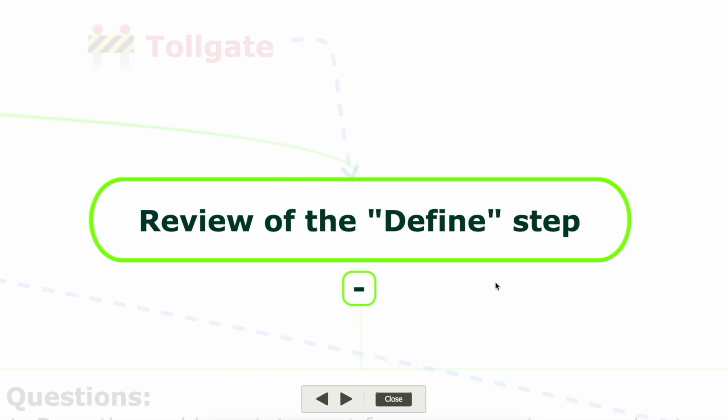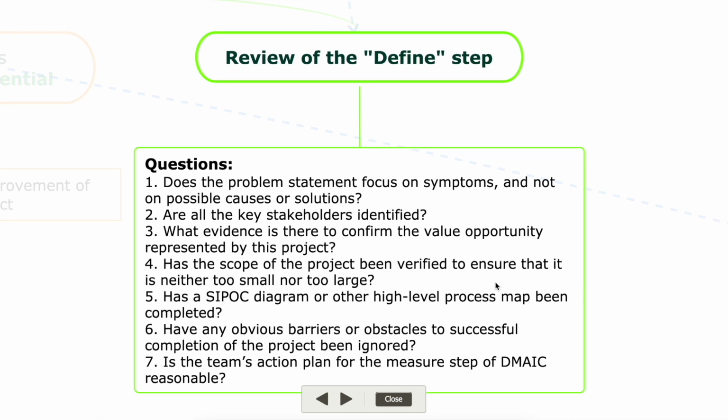It will be evaluated on the basis of these questions: does the problem statement focus on symptoms and not on the problem causes or solutions, and are all the key stakeholders identified in the document? What evidence is there to confirm the value opportunity represented by this project? Has the scope of this project been identified to ensure that it is neither too small nor too large?